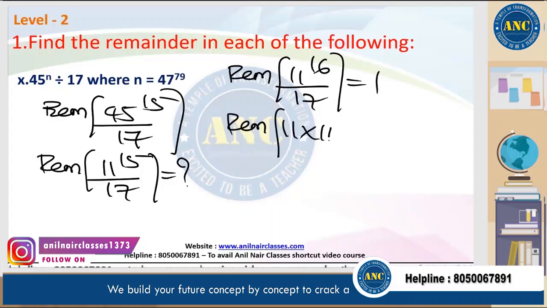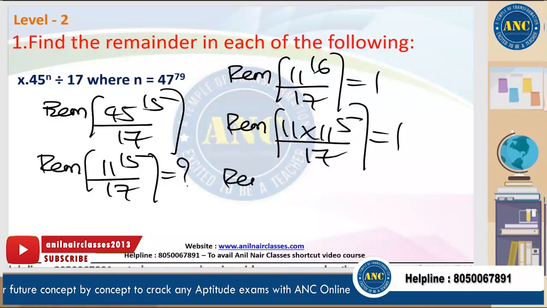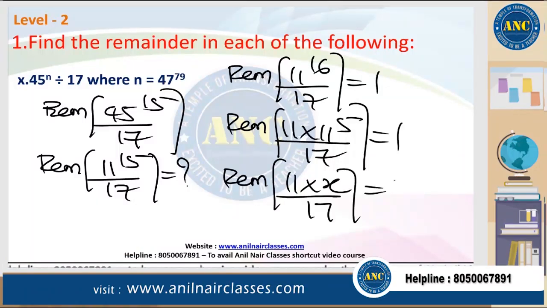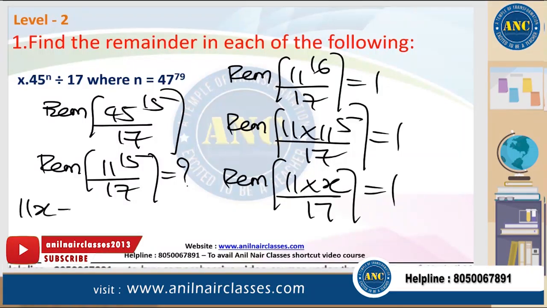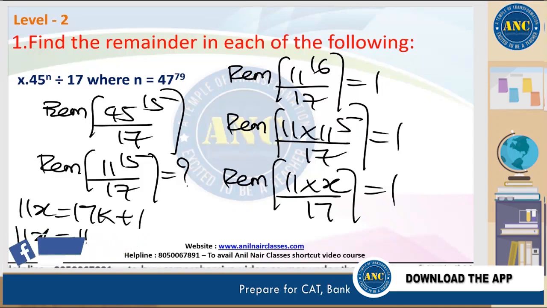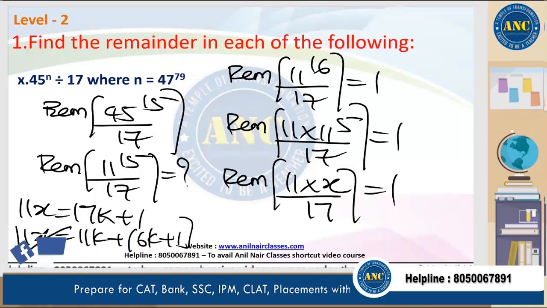Here it is 11 into 11 power 15 divided by 17 is 1. Let 11 power 15 by 17 be x. When 11x is divided by 17 the remainder is 1. 11x is 17k plus 1. 11x is 11k plus 6k plus 1.